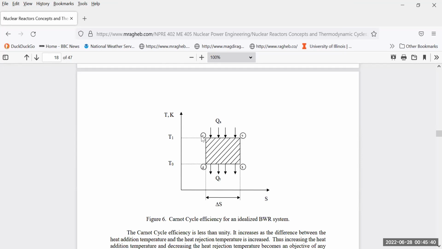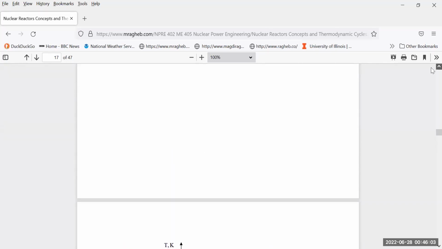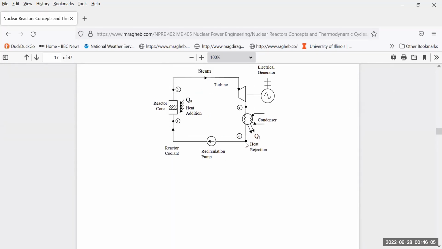So you could see here that you have a high temperature reservoir and a low temperature reservoir. You reject the heat from 3 to 4, and then from 4 to 1 you return the liquid back to the heating part, which is the reactor itself. From 4 to 1, you are practically pumping the water from the condenser well to the inlet to the core of the reactor.